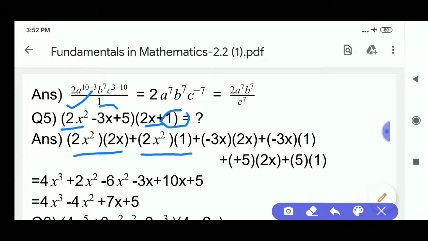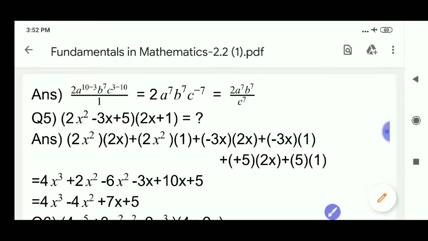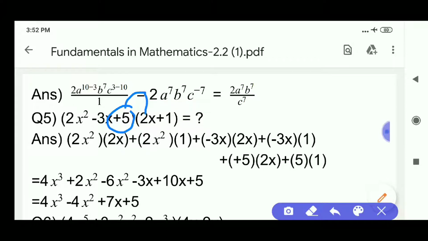Now come to minus 3x. Next one is minus 3x into 2x plus minus 3x into 1. The next one is multiplication with 5. So 5 into 2x and 5 into 1.